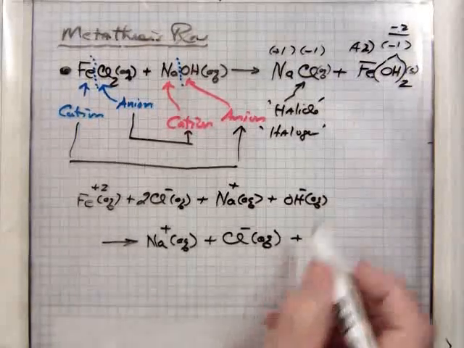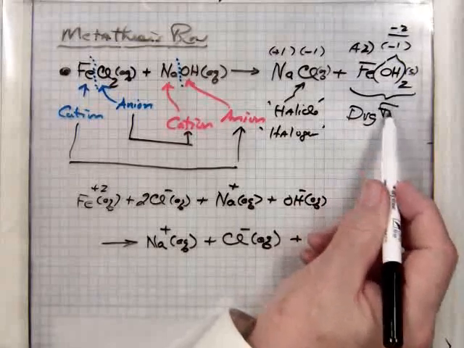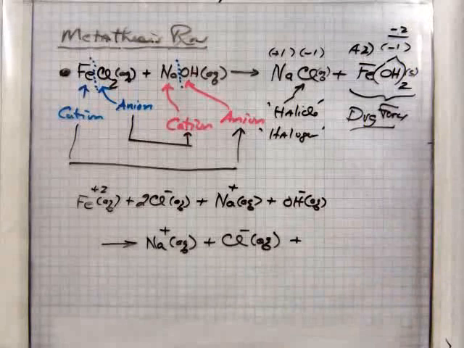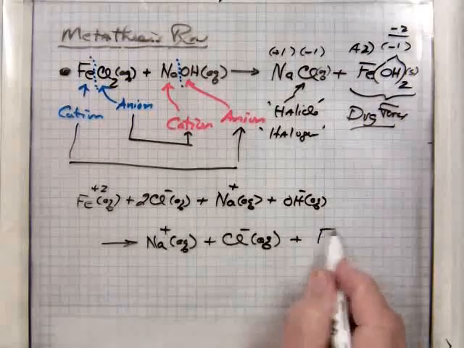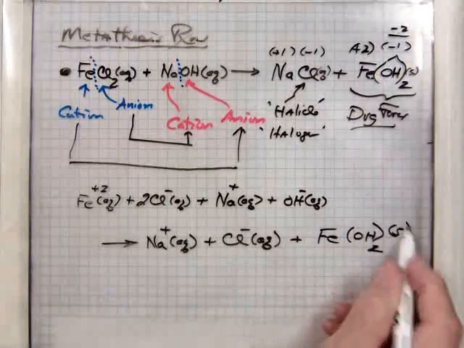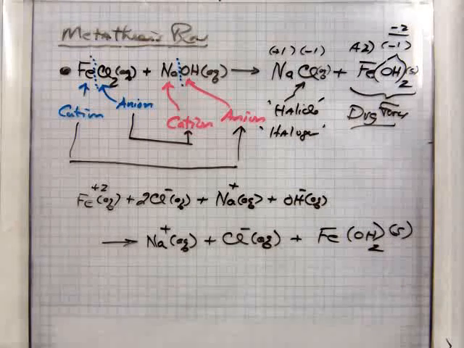Do not show the driving force in ionic form. So you just write it in the molecular equation form, and put an S on the end. So there is your composite or total ionic equation. It shows all the necessary compounds in ionic form.